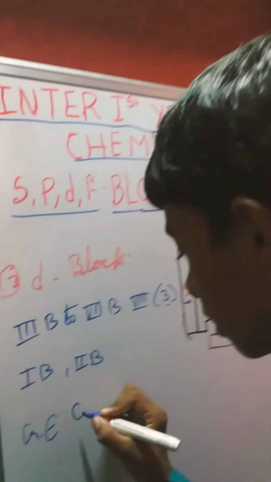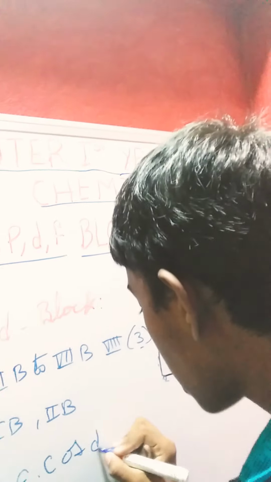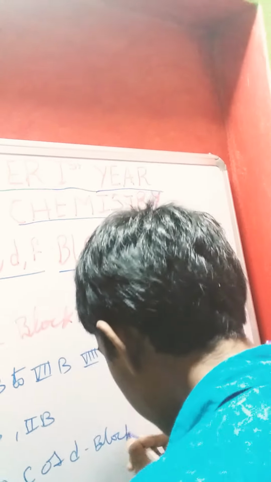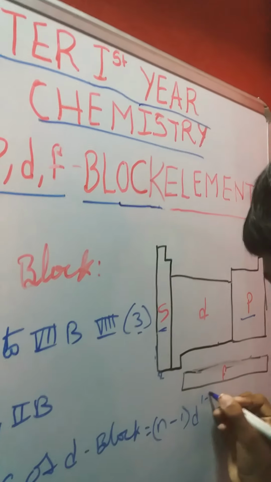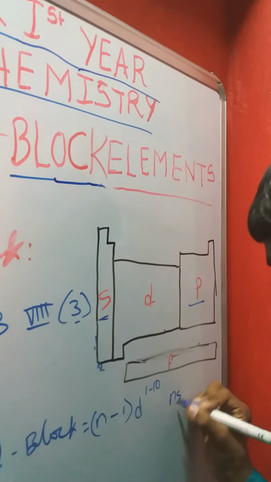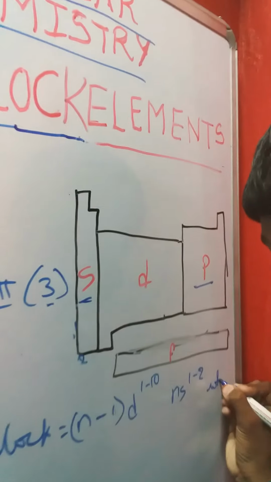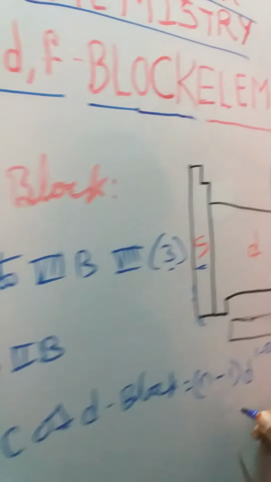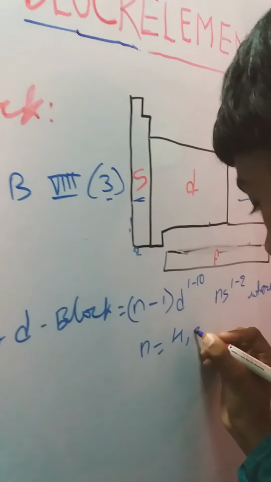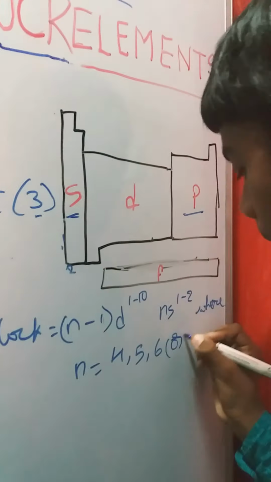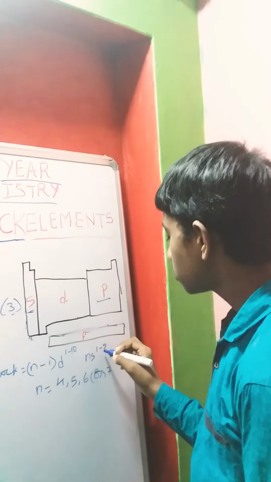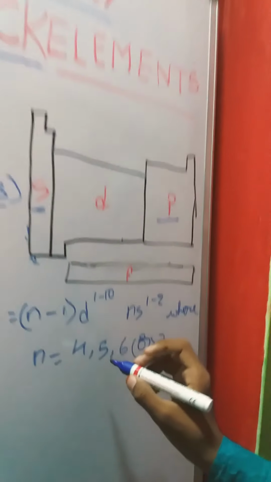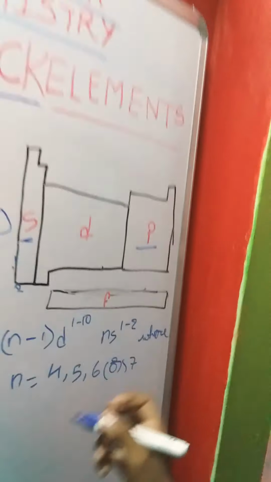The general electronic configuration of D block elements is (n-1)d1 to 10 ns1 to 2, where n equals 4, 5, 6 or 7.